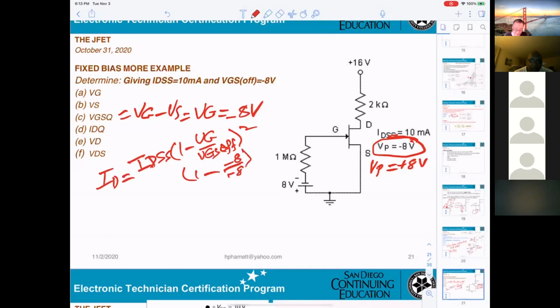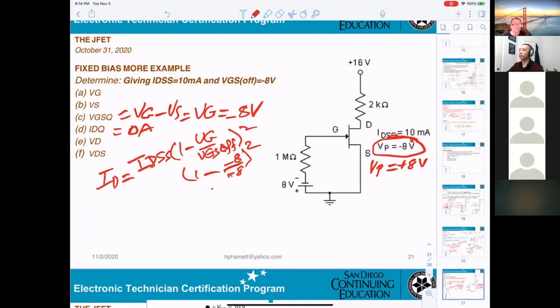Yes, sir. So that one is 1 and you get 0, right? Yes, sir. So ID equals 0. Yeah, that is a problem from the book. That should be the answer. If you want, we can check, but that should be the answer. No big deal. ID equals 0.